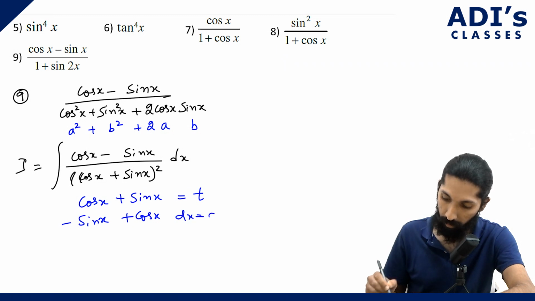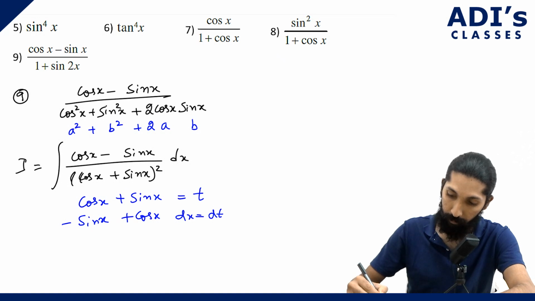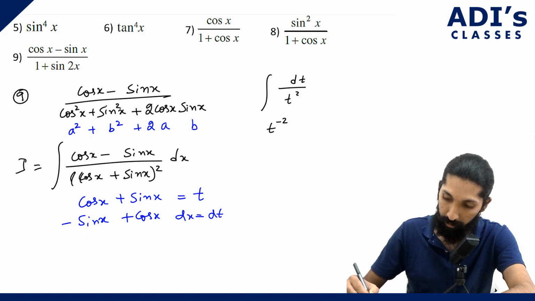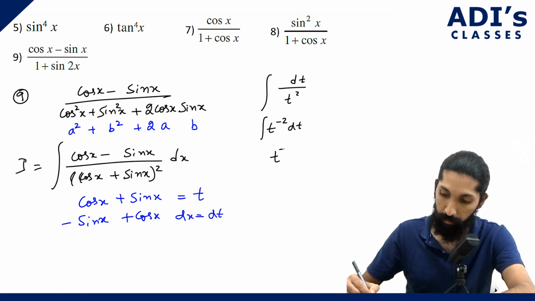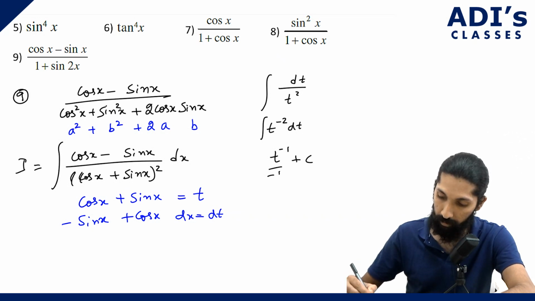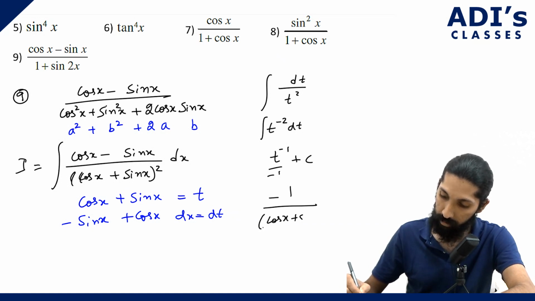So numerator is going to become integral of dt divided by t square. Very simple. T power minus 2 dt, or t power minus 1 by minus 1 plus c, or minus 1 by t, which is cos x plus sin x, plus c. This is the final answer.